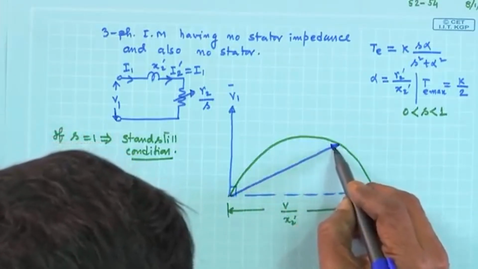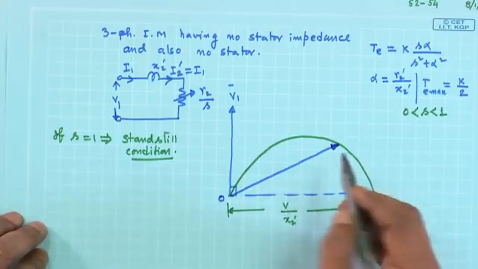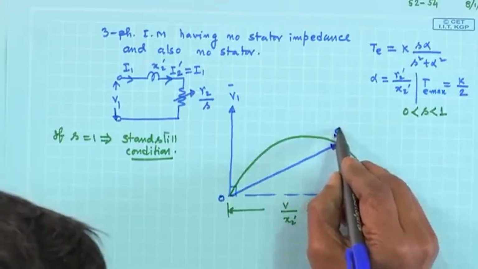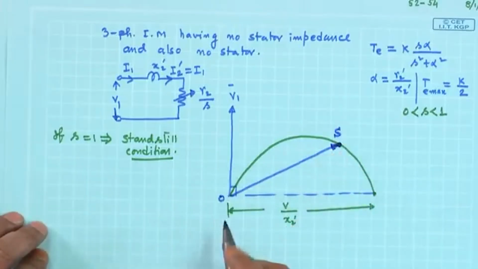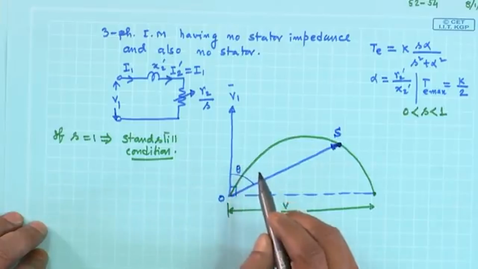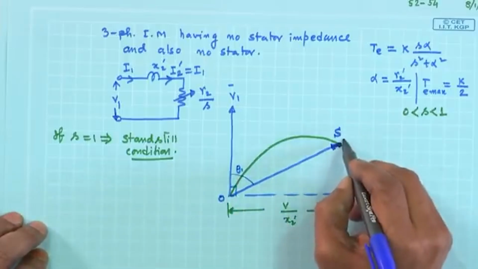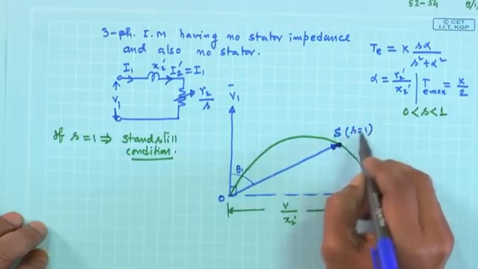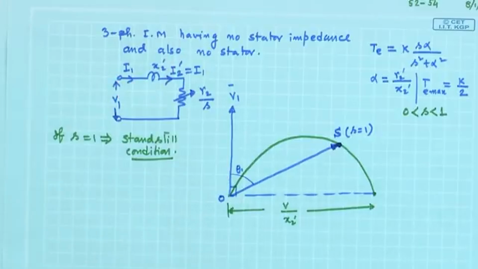Suppose this is the current drawn. Let this point be called O and this point capital S. This will be the operating point on the circle diagram, and this is the power factor angle theta 1 say. This point therefore corresponds to S equal to 1, standstill condition. Mind you, applied voltage is rated value.